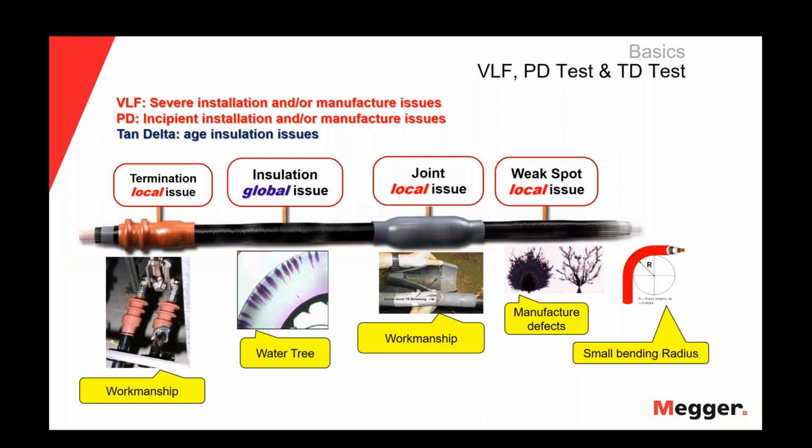And on the other hand, if I am looking for aged insulation issues in the insulation of my cable, if I'm looking, for instance, for water trees, I can use the Tan Delta. So depending on what problem I am dealing with, there are different tests I can use.